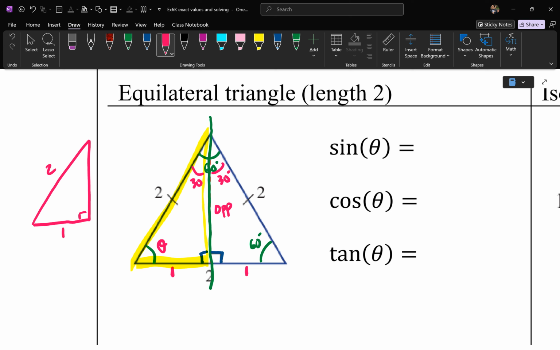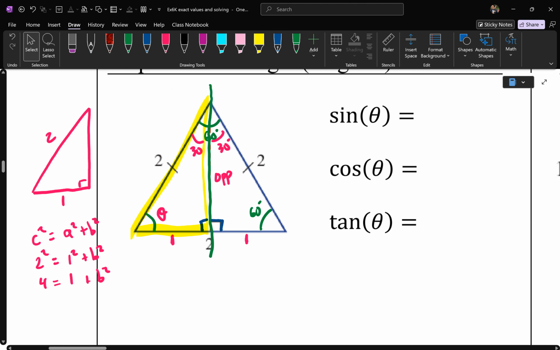So this is 2, this is 1. Remember Pythagoras theorem, c squared equals a squared plus b squared. So you got 2 squared is equal to 1 squared plus b squared. That gives you 4 equals 1 plus something squared. Take away 1 on both sides, and you get 3 equals b squared. So therefore, b must equal to?